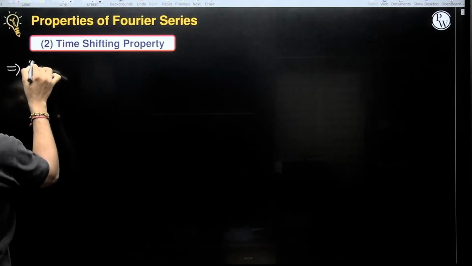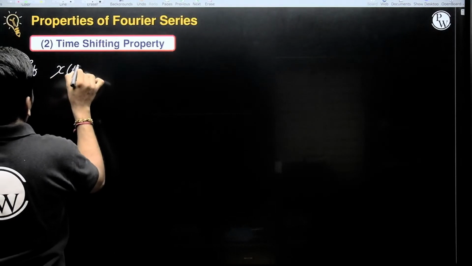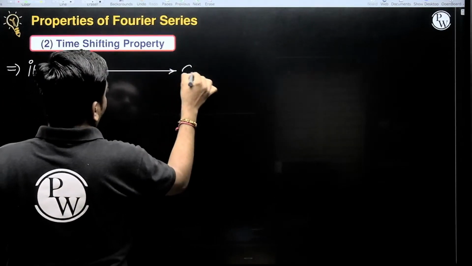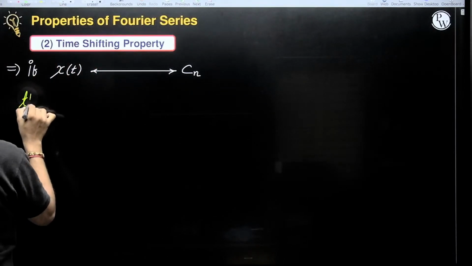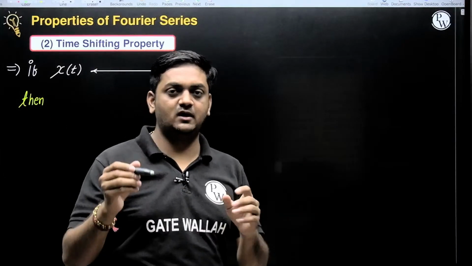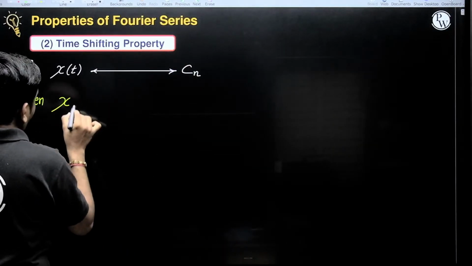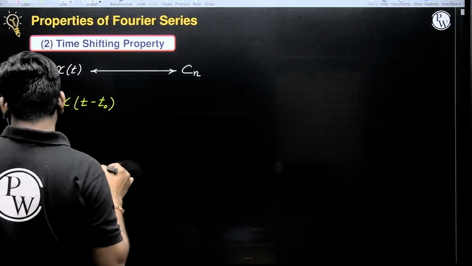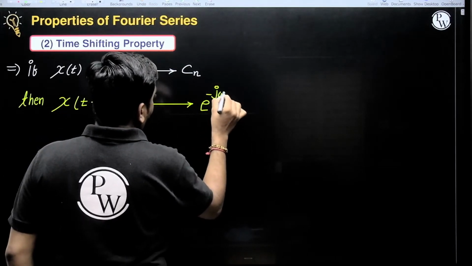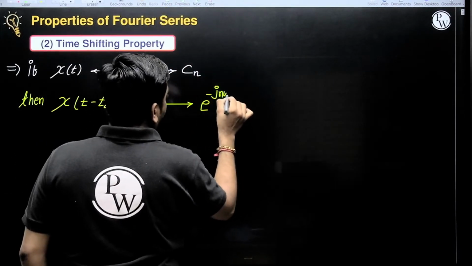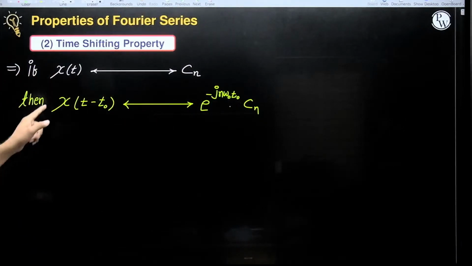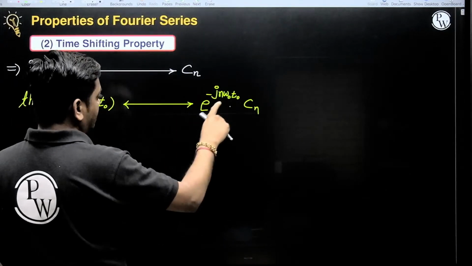If the Fourier series coefficient of a periodic signal x of t is Cn, and you shift x of t either to the right side or left side by a certain amount of time, then the corresponding coefficient gets multiplied by an extra term, e to the power minus j n omega 0 t0. For x of t minus t naught, you will get e to the power minus j n omega 0 t naught times Cn, where omega 0 is the frequency.